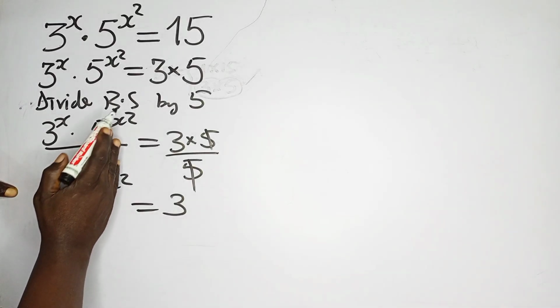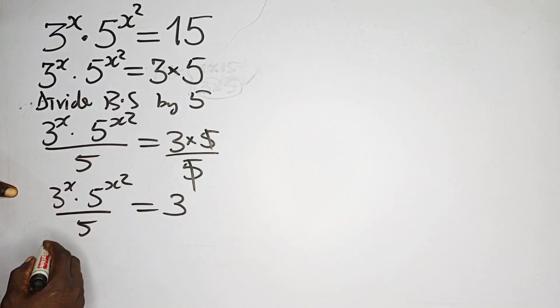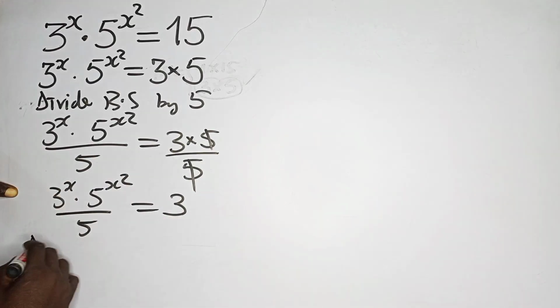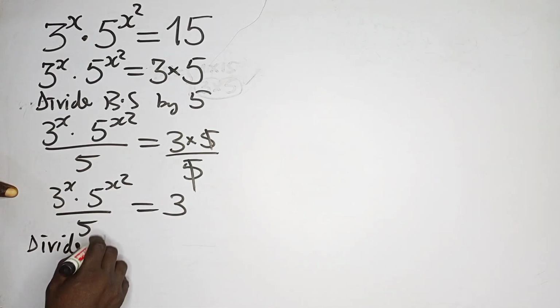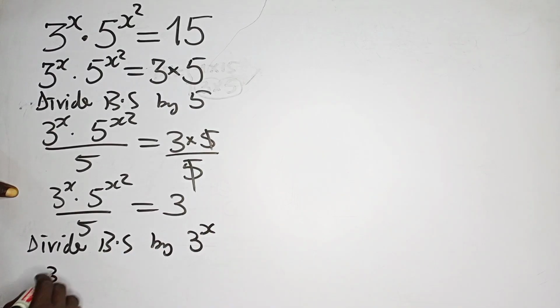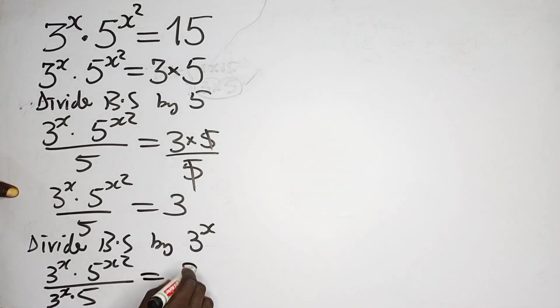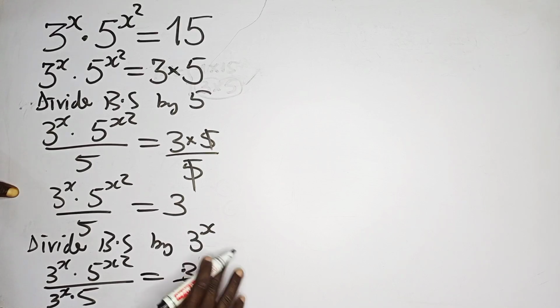We want to bring everything concerning 5 to one side and everything concerning 3 to the other side. So we divide both sides by 3 to the x. We have 3 to the x, 5 to the x squared all over 5. Since we are dividing both sides by 3 to the x, the right side becomes 3 all over 3 to the x.